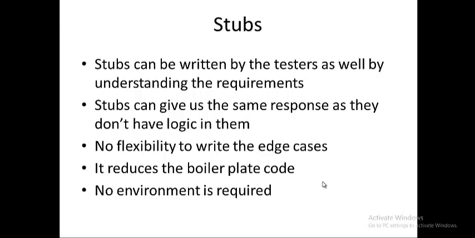Usually if you want to query something, you do a get call. So in this get call, I describe that this stub accepts a get call, and when this stub is invoked, it should give a status code 200 and a response as a list of users.